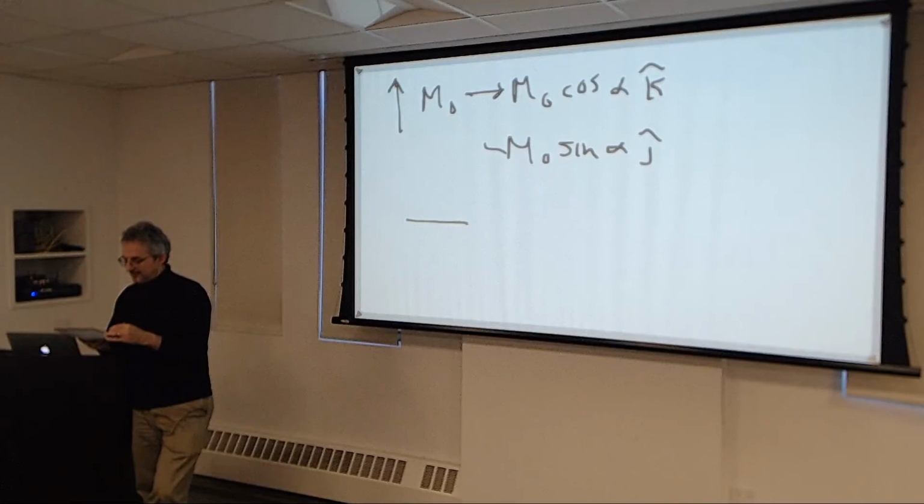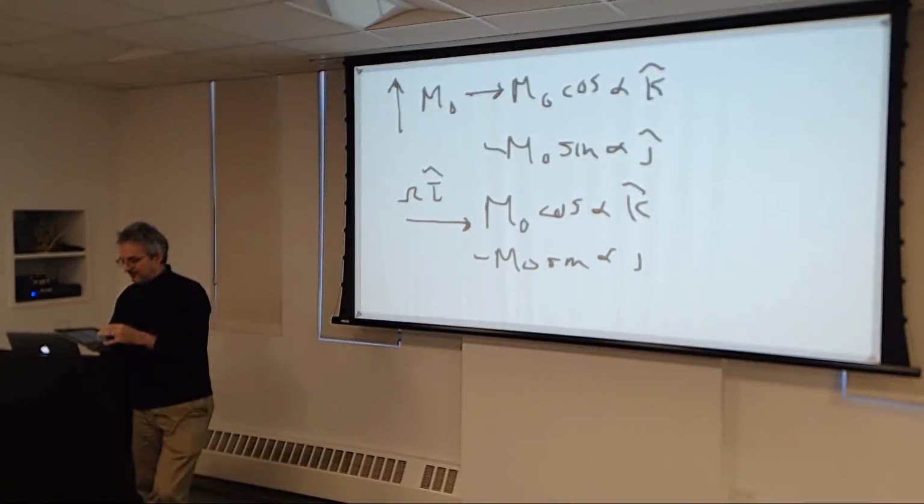And now I have evolution with the frequency capital Omega for this delay tau hat. Nothing happens to the Z magnetization, right? It's on the z-axis. So I have m naught cosine alpha on the z-axis, minus m naught sine alpha on the y-axis, and then minus y magnetization rotates around z and starts to come back to the plus x-axis.